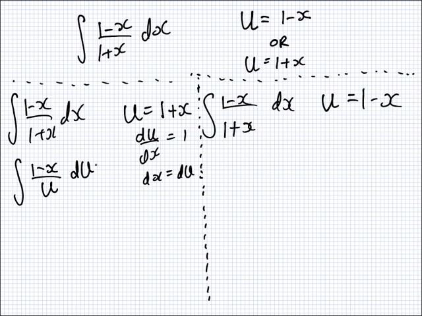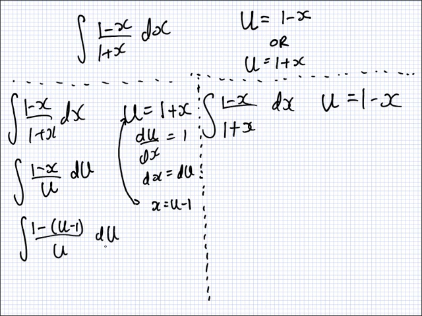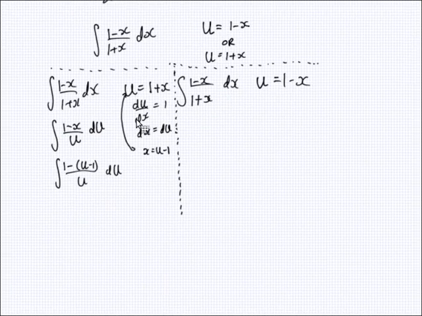It hasn't converted fully or cancelled fully. But that's actually not difficult to fix, because if you realize that u is 1 plus x, then you can see that x is u minus 1. And then we can replace this with 1 minus u minus 1 over u. Now, of course, we're not finished, but we're on our way.